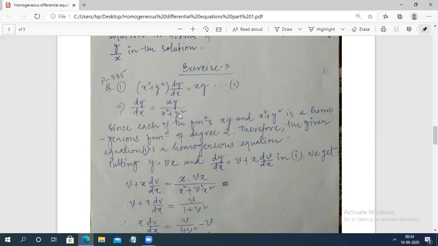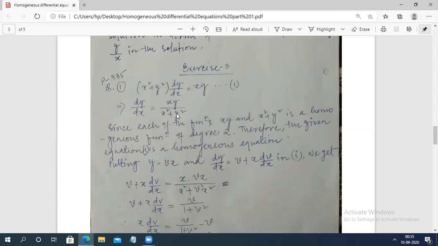Now to check whether this function is homogeneous or not, check the degree of the variables in each term of the expression. In the numerator, xy is 1 plus 1, that is 2, so it has degree 2, and in the denominator x square has degree 2 and y square has degree 2. So this is your f(x,y) and this is your g(x,y), where f(x,y) and g(x,y) are both homogeneous functions of degree 2.